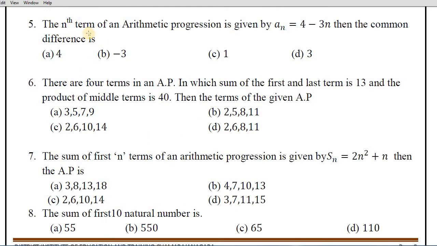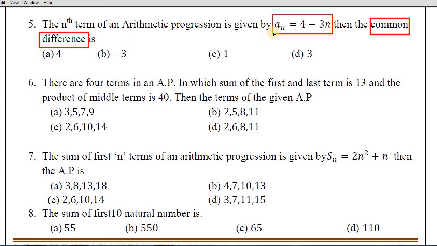Question number 5. The nth term of an arithmetic progression is given by an equals 4 minus 3n. This is the nth term. Then the common difference, we need to find the value of d. Actually, to find the value of d, we need an arithmetic progression, minimum 3 terms we need. So what do you do for this problem?